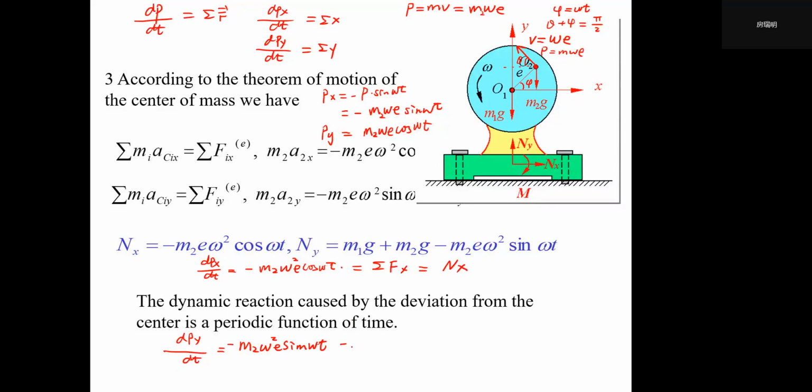It should equal sigma Fy, which will be Ny, because the Ny direction is positive, and m1g and m2g are in the negative direction: minus m1g minus m2g. So once again you can find the same answer: Ny equals m1g plus m2g minus m2 e omega squared sine omega t.